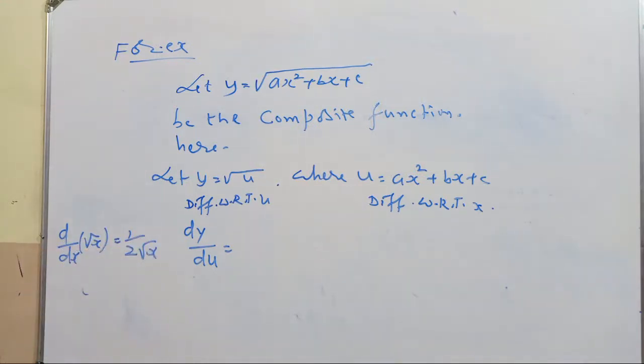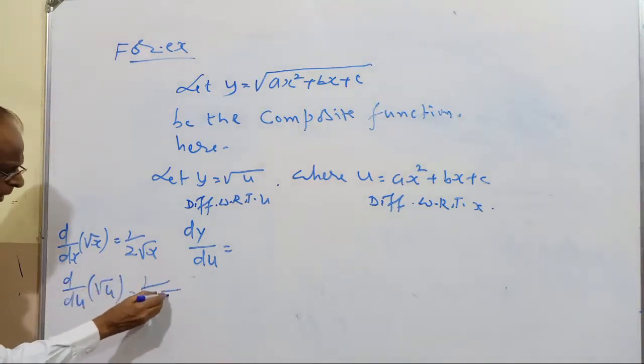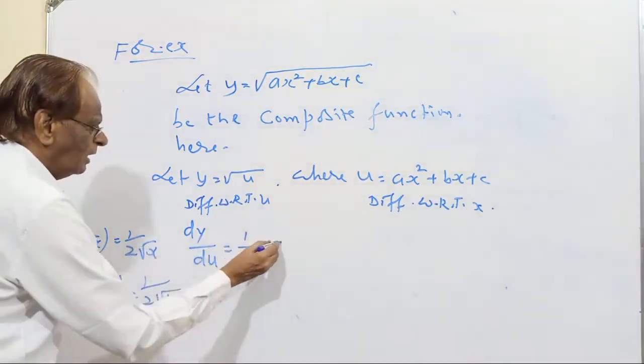For the same type, differentiation of root u is 1 by 2 root u. Same, just change the letter: here x, here u.